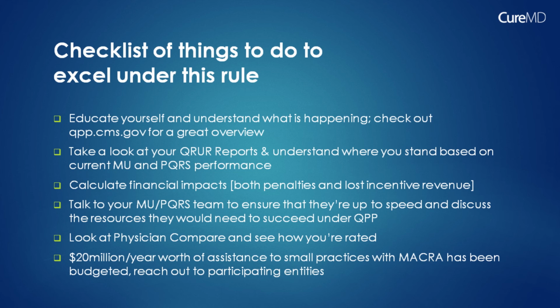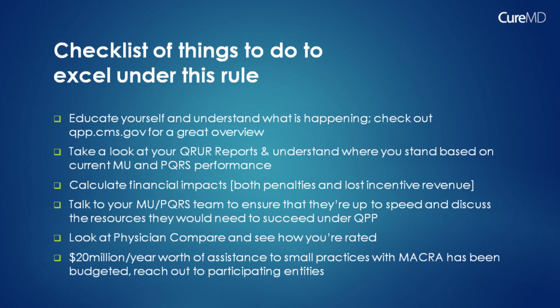So they have been evaluating you even if you haven't been getting adjustments because of exemptions or practice size, or next year where that category accounts for 0% of the total score. But that will tell you where you stand under this category, which in a couple of years will become 30% of your MIPS score. So again, if you're already doing well under that category, that's already a great sign. You know, you've got 3 of the 4 categories covered.